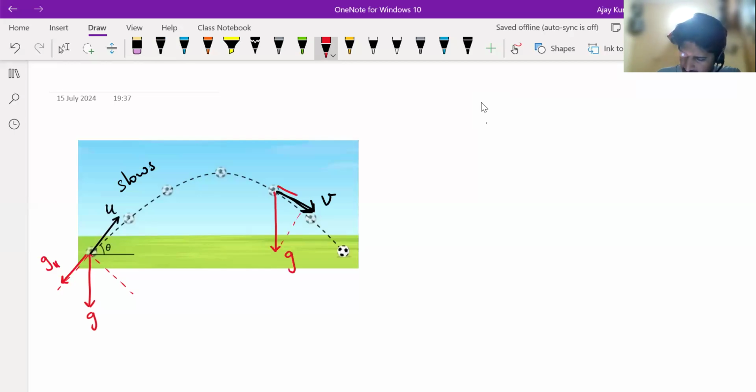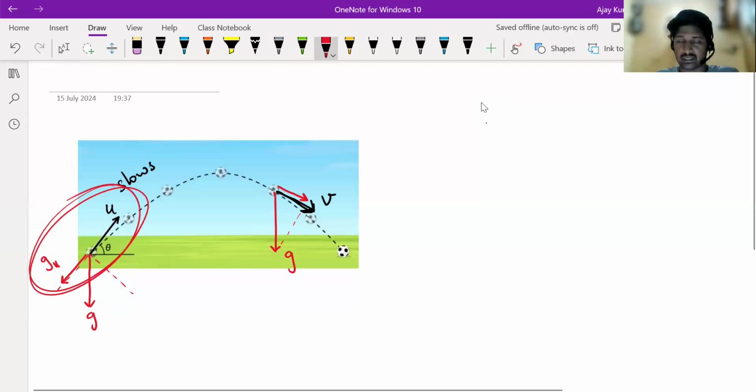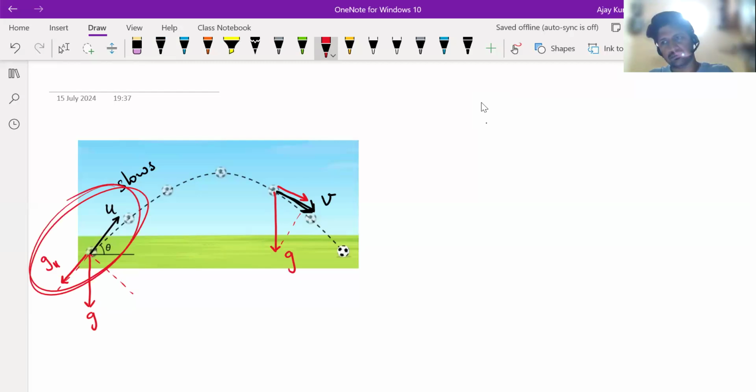You see that the component is in the same direction as velocity, not opposite to it. Anytime during ascent, the gravity component is opposite to velocity. And anytime during descent, the parallel component of gravity will be in the same direction as velocity, means it will make it speed up. So during descent, the object speeds up.